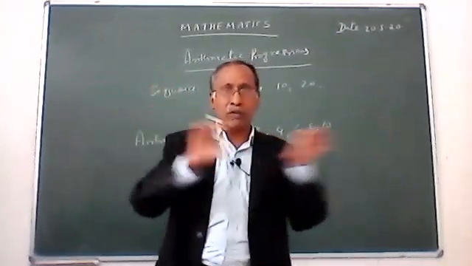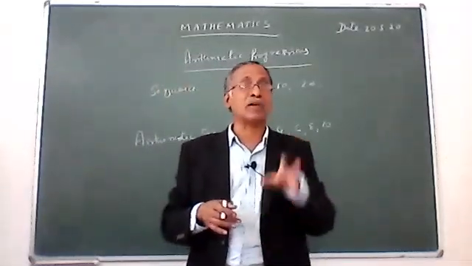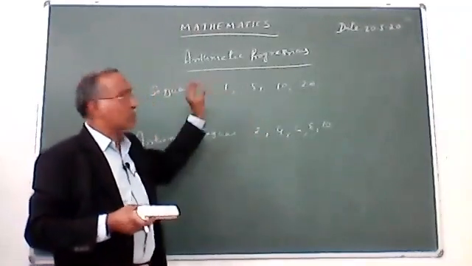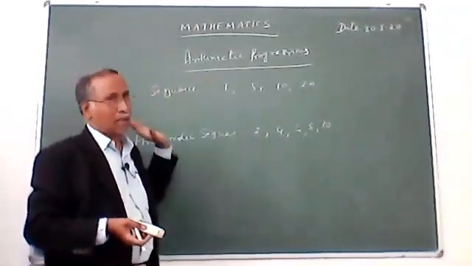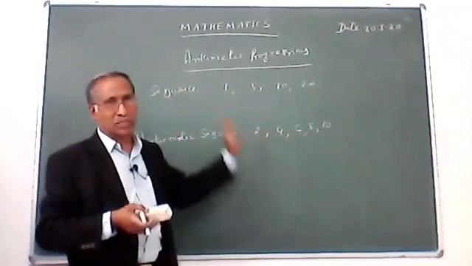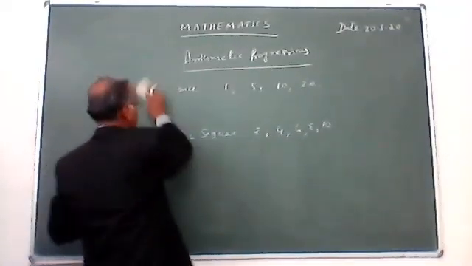Take any two continuous elements, find the difference. If the difference is the same, then it is called an arithmetic sequence. In a sequence, the difference is not the same, there may be some order. In an arithmetic sequence, the difference between the elements is always constant or the same. Therefore, it is called an arithmetic sequence.